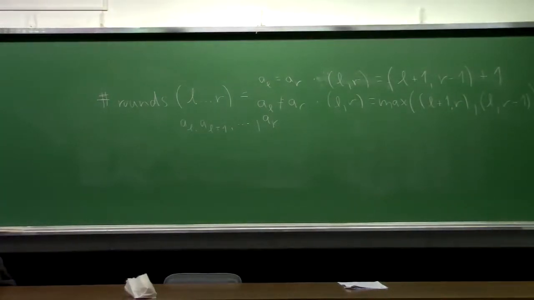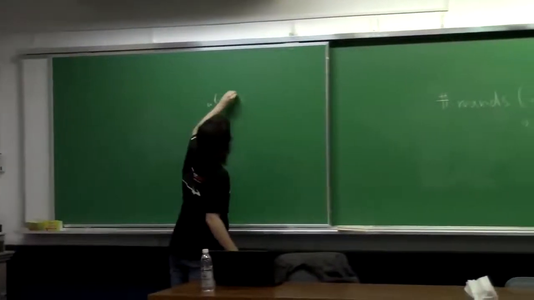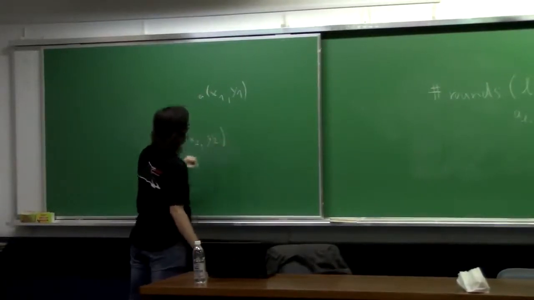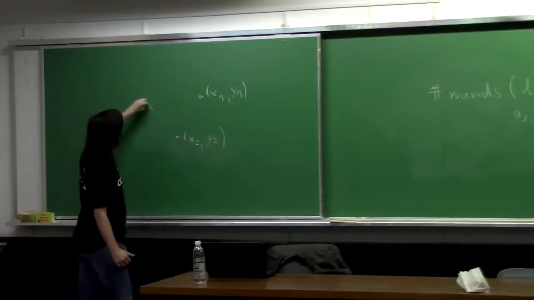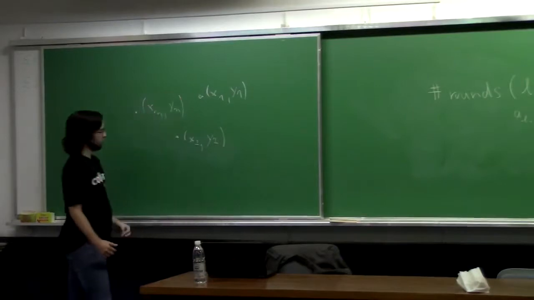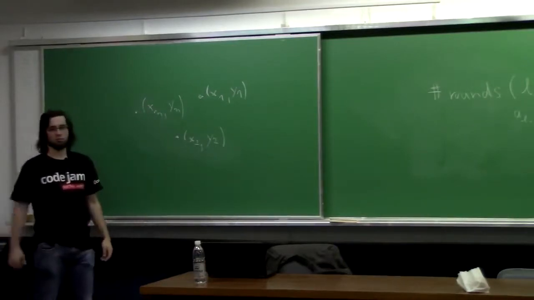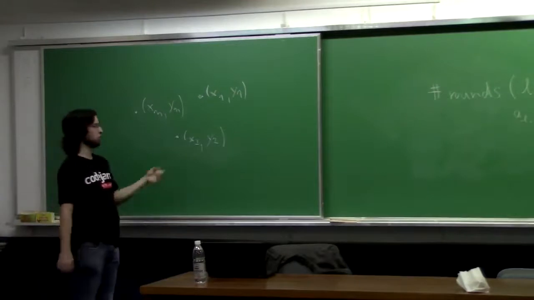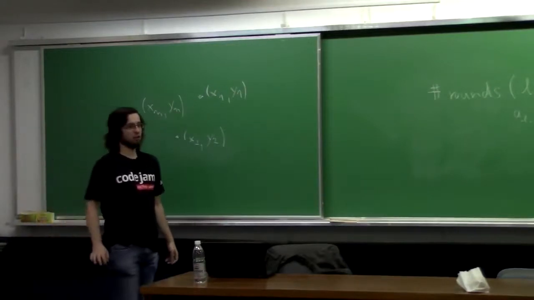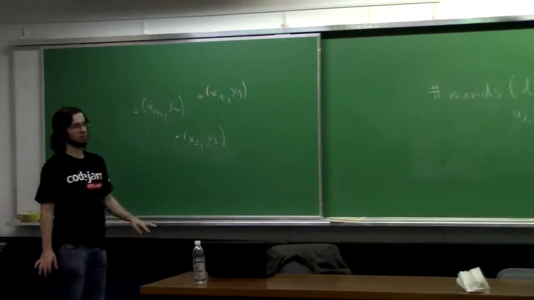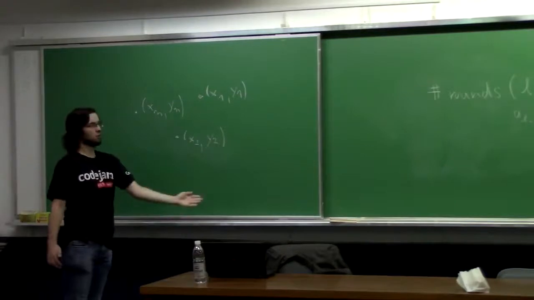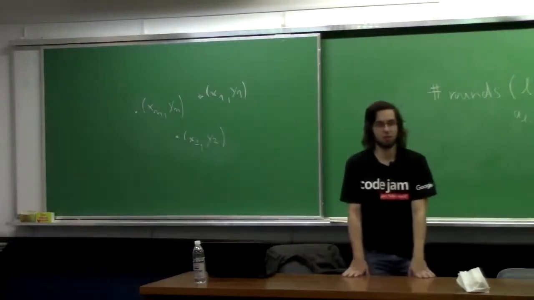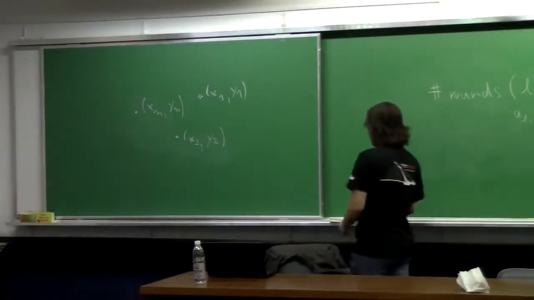Each point is at integer coordinates x, y, so x1, y1, x2, y2, up to xn, yn, and the game goes as follows: we choose two of these points, and if they are on the same diagonal, either on the same 45 degrees tilted diagonal like this or like this, then the game is won by the first player, otherwise the game is won by the second player, and we want to know the probability that the first player wins the game, or something like that.